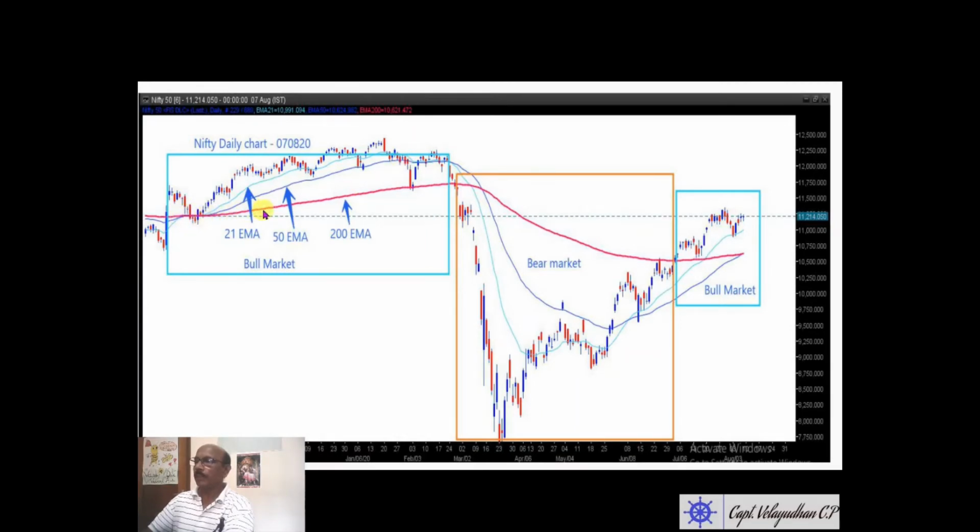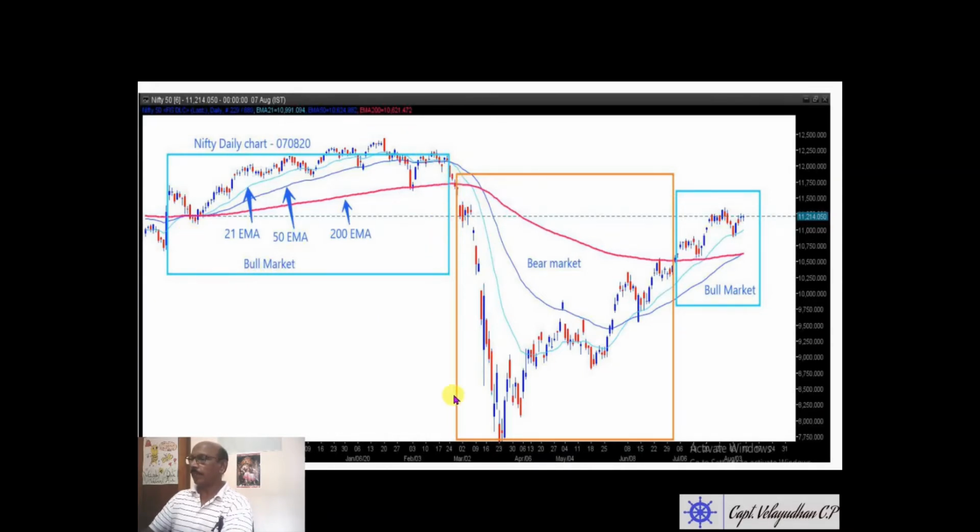200-day also gives a longer period, but by seeing the chart we can see this is a sideways movement. As we can see, 200-day is almost flattened. So the price remaining above the 200-day moving average, this block is known as bull market.